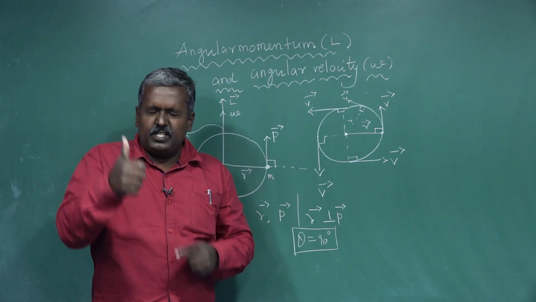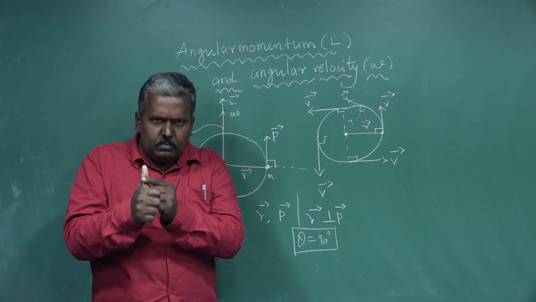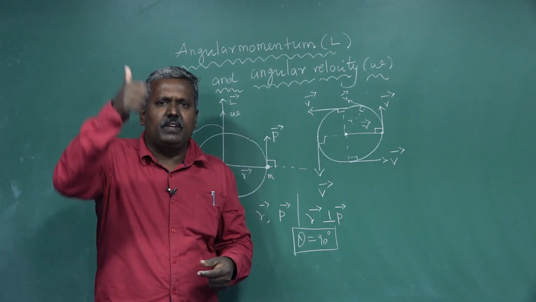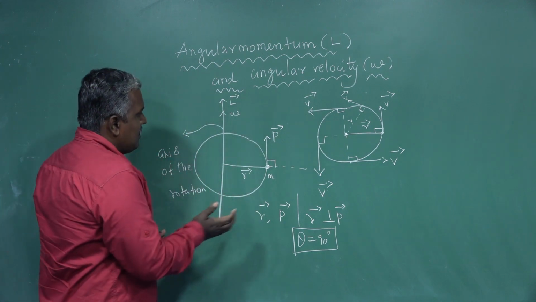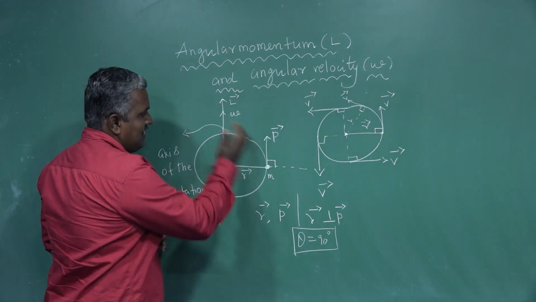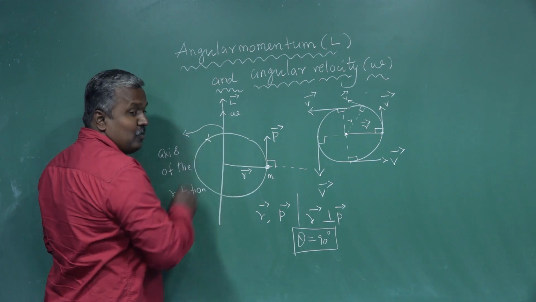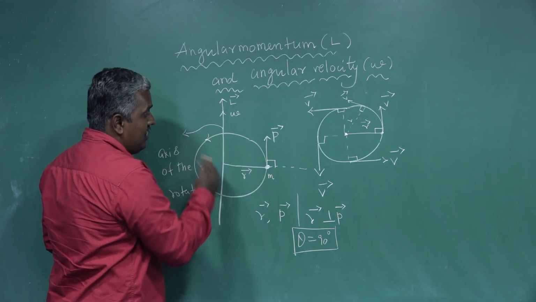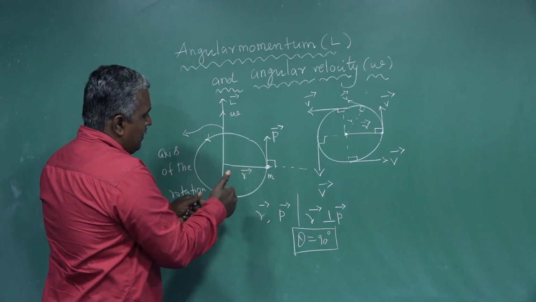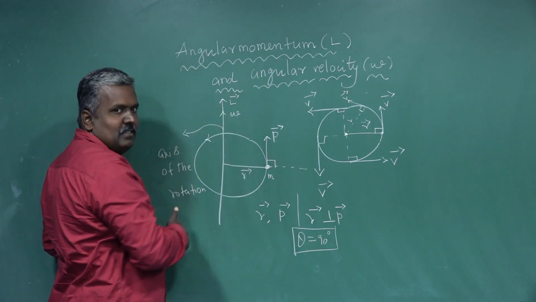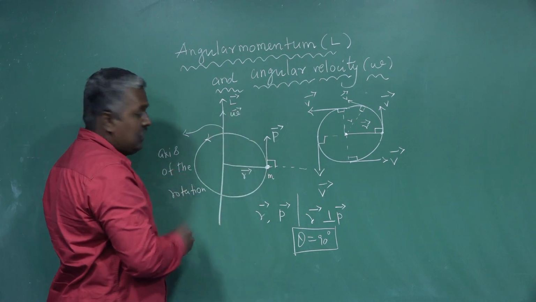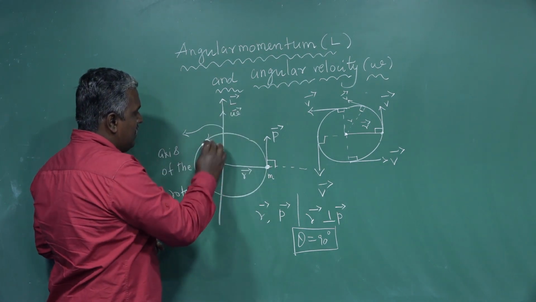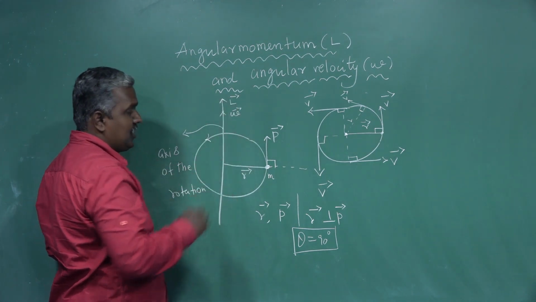This stretched thumb gives us the direction of the angular velocity through the axis of the rotation. Suppose we consider circular motion of the rigid body like this. So the direction of the angular velocity, omega, is through the axis of the rotation. I am correct or not? This is the axis of the rotation.